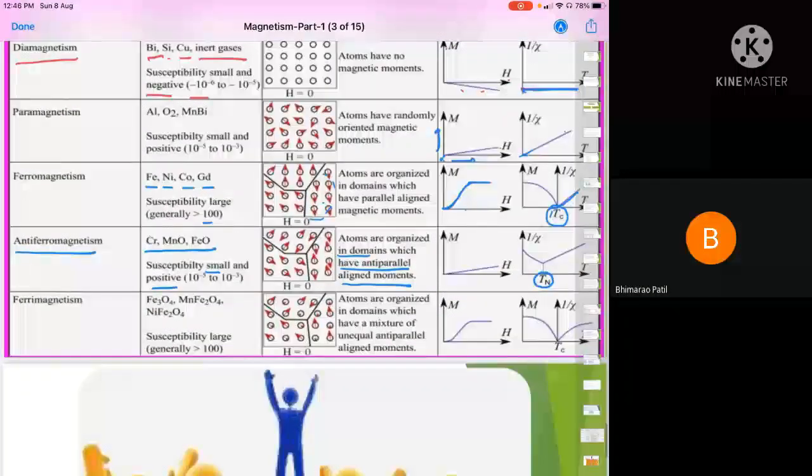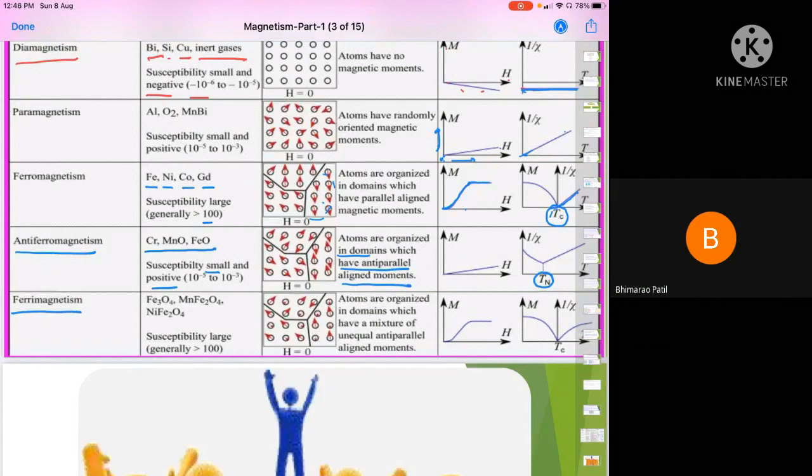Then, concerning the ferrimagnetic substances, these are generally oxides of metals, that is Fe3O4, MnFe2O4, NiFe2O4. Susceptibility is large, always greater than 100.